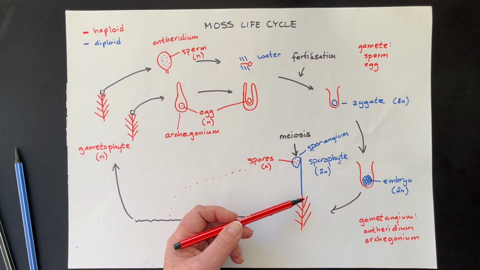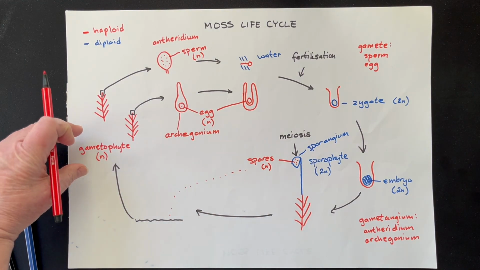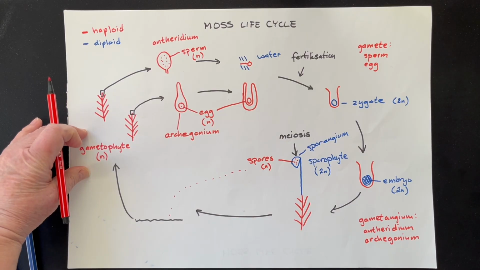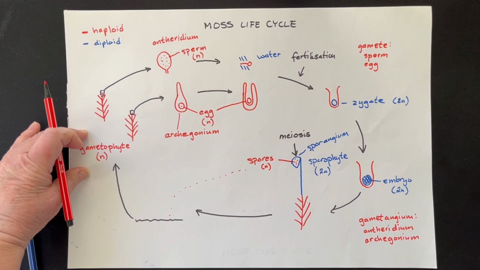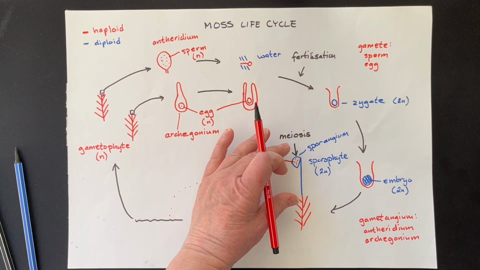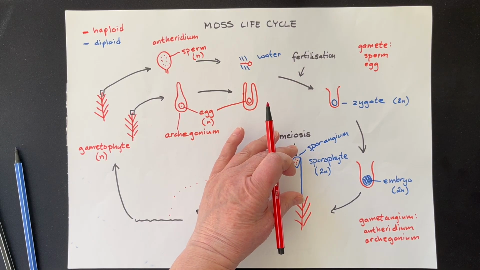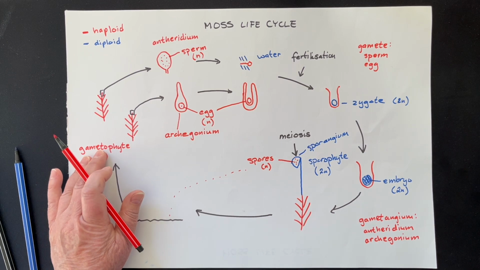It cannot live by itself. But we're talking about two generations. We're talking about the gametophyte, which is considered one multicellular generation, and we're talking about the sporophyte, which is another multicellular generation. This one is diploid and this one is haploid.